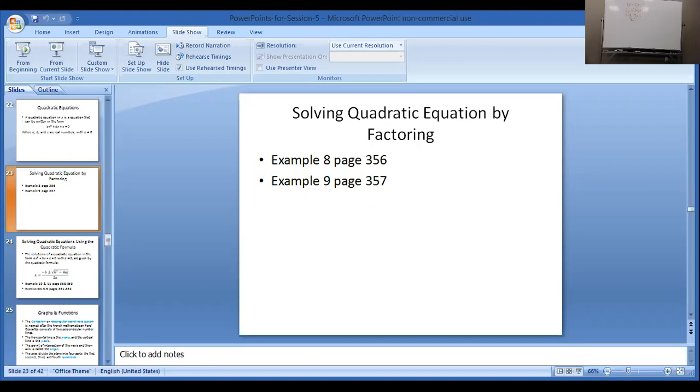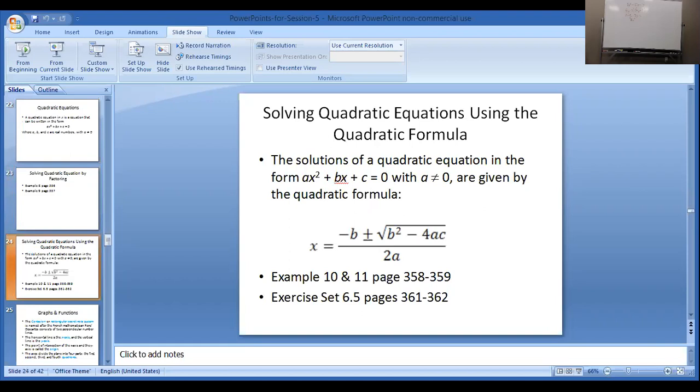Let's move on. Sometimes when it's really difficult to factor, we use the quadratic formula: x is equal to minus b plus or minus the square root of b² minus 4ac, divided by 2a, where a is not 0.